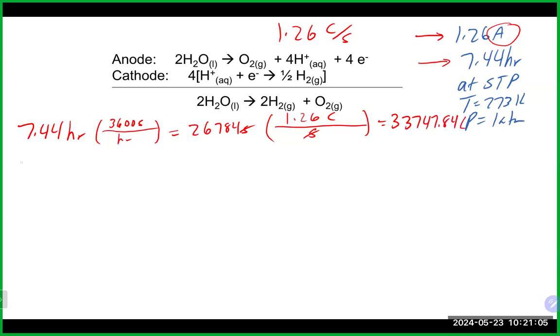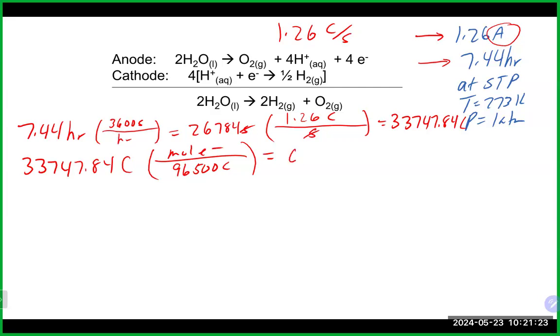This is where we use Faraday's constant to get to moles of electrons, so we can then use our half reactions. We just divide by Faraday's constant, and that gets us to about 0.34972 moles of electrons. Any questions up to that point?